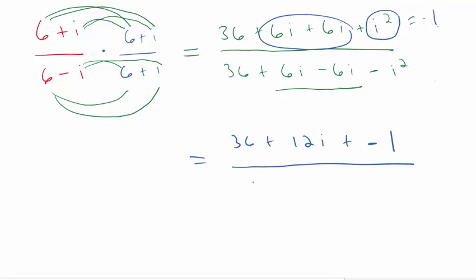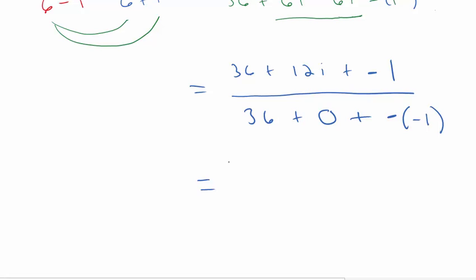Then we go to the denominator. 36 plus 6i minus 6i, which equals 0, minus i squared. And we know that i squared equals negative 1. So don't forget that sign is outside of the i squared. So we keep that the same. And we just change the i squared to negative 1.